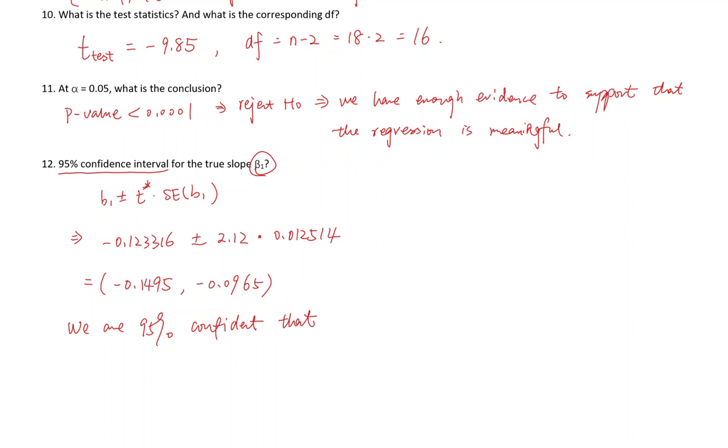So we need to interpret what this beta 1 means: when x increases by 1 unit, y will increase by this much.